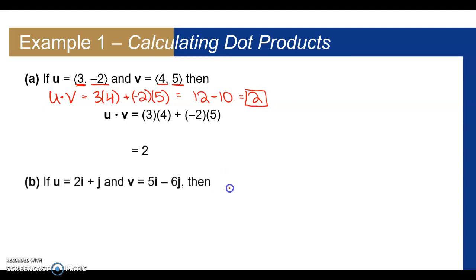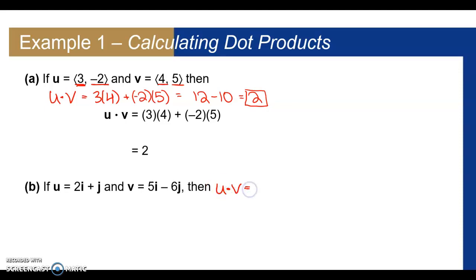If I want the dot product of u and v, I'm going to take my horizontal components, so I'm going to take 2 times 5, and I'm going to add that to the product of my vertical components, so 1 times -6. When I multiply, I end up with 10 minus 6. So the dot product of u and v for the second example is going to be 4.